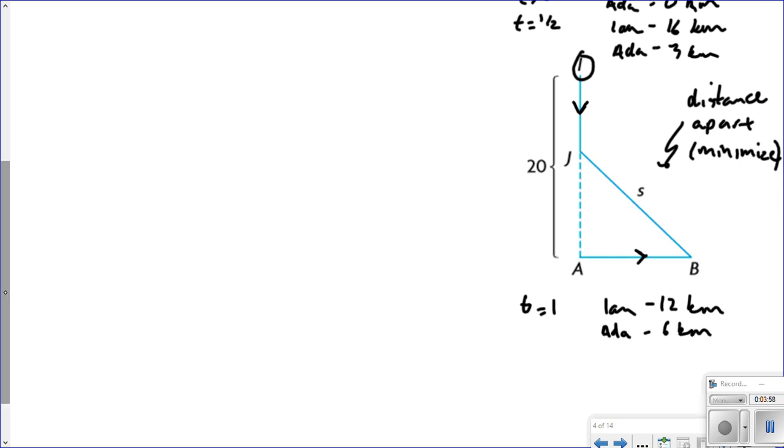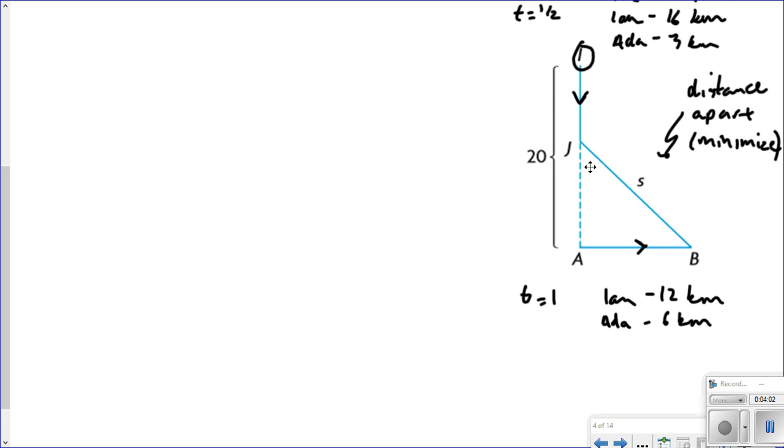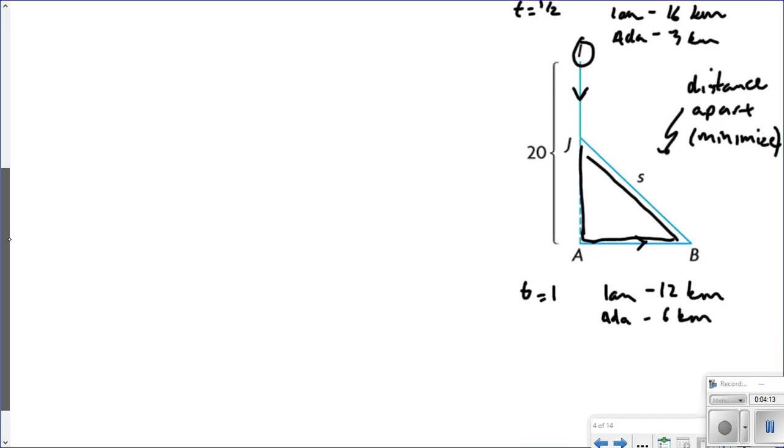So you start to quickly understand this a little bit and realize that at any given time, it's this triangle that they make a shape of. I'm going to use the Pythagorean theorem and figure out this distance. The distance that Ian is from the house is always 20 minus 8t.